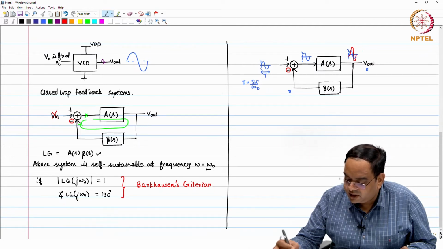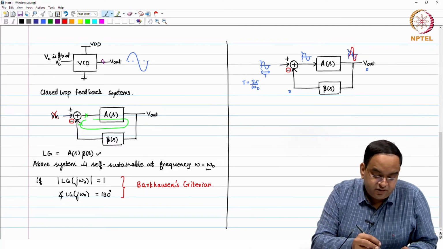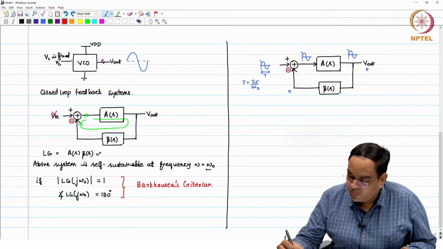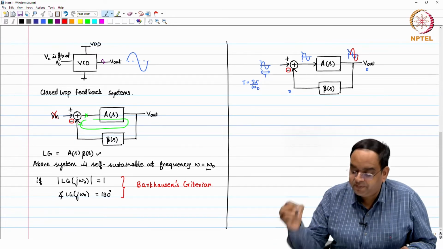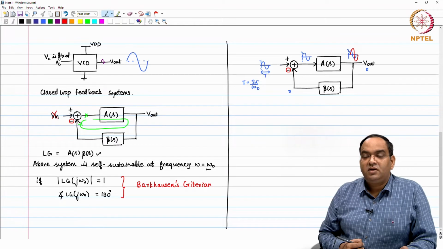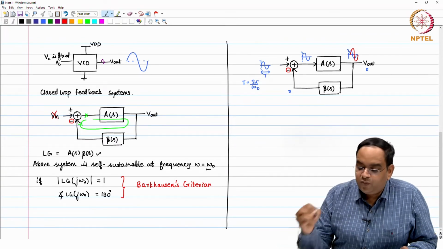That is what I am going to have at one particular frequency. At one particular frequency, there is going to be an amplification and phase shift. So, that will happen at output A of s.